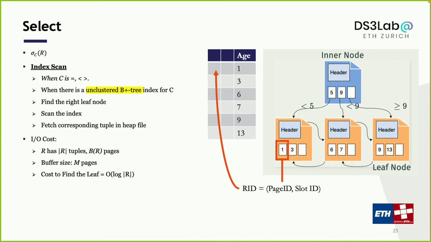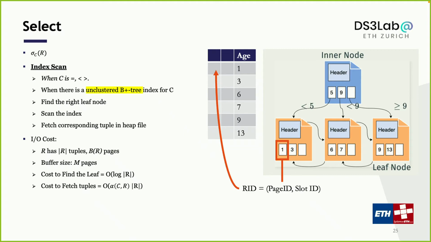And then once you identify the leaf node, you are going to scan it. What is the cost for you to fetch the tuples you want? First, how many tuples do I need to fetch? The number of tuples I need to fetch is alpha multiplied by the number of tuples I have.